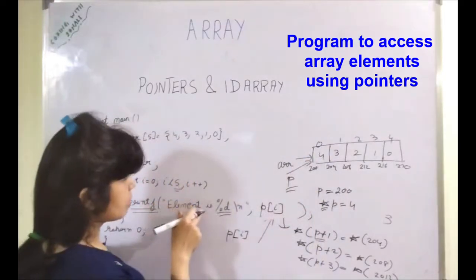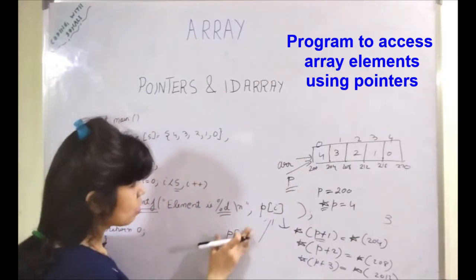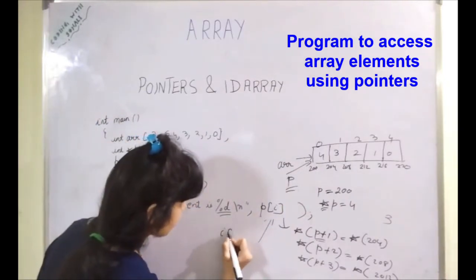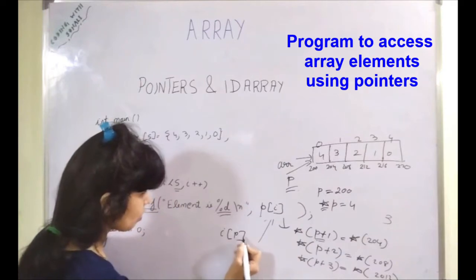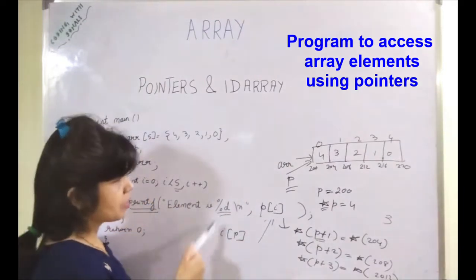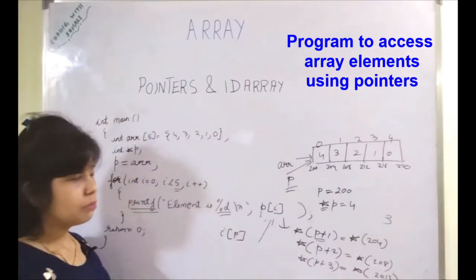Next time i gets incremented, i becomes 1. So p[1] will give me 3, like that. Also you can represent like this, that is i[p], outside i and in square bracket p. So these are different ways how you can access the array elements using the pointer.